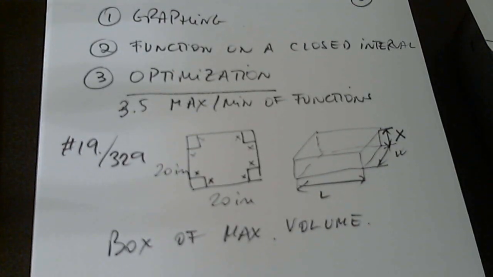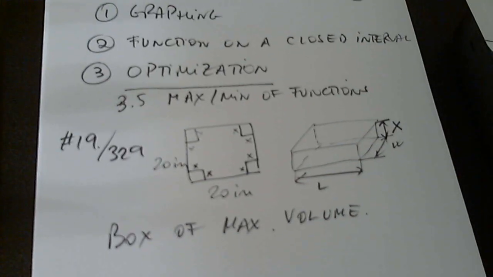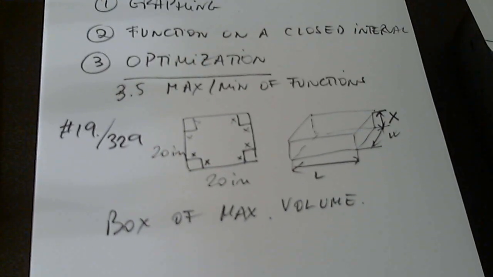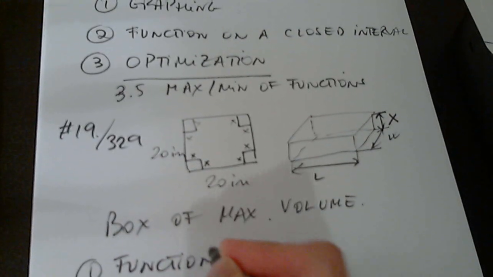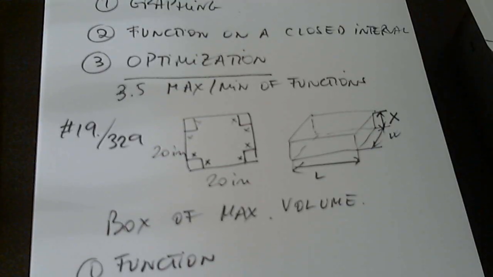And we want to determine what dimensions will give us the maximum possible volume. So what is the function that we want to maximize or find the maximum for? Just tell me the name of the function.